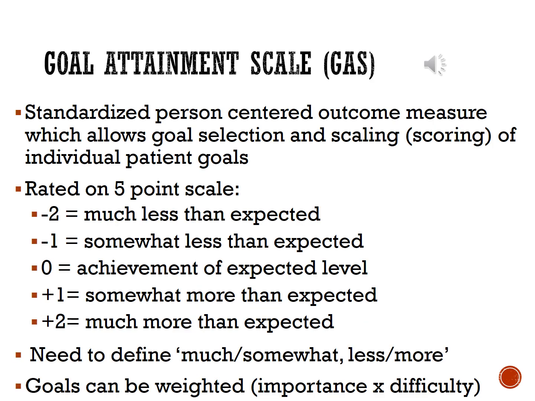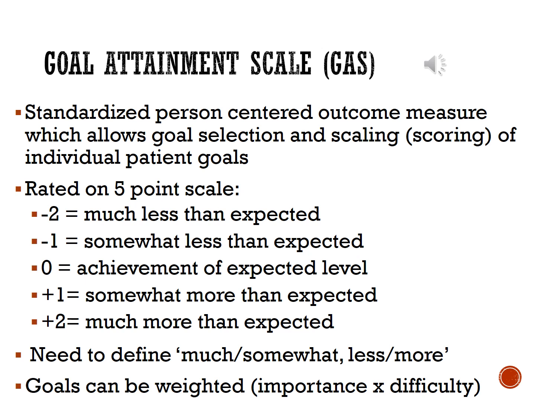The last strategy that we'll discuss to establish goals and outcomes for patients is through use of a standardized outcome measure called the Goal Attainment Scale. There are some similarities, as it links back to using ABCDF goals or SMART goals to establish the predicted level of improvement for a patient with neuromuscular dysfunction through the intervention session. But the primary difference is that this is a standardized outcome measure.